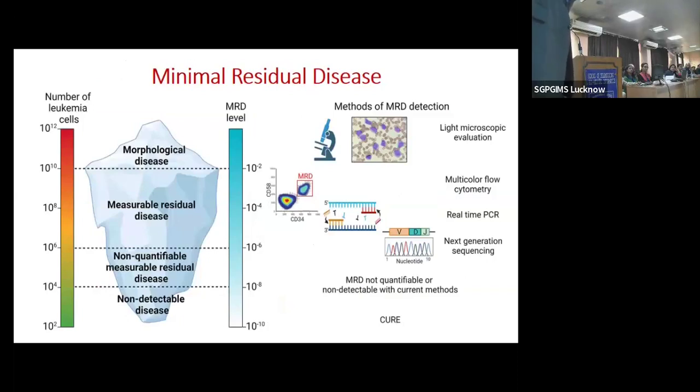There are no clinical features, but the disease is there, and then the non-quantifiable measurable residual disease, and finally non-detectable disease. So there's the total spectrum of how the cancer cell dynamics work, and based on this, we have different methods of detection. The hematopathologist usually sees this on the bone marrow slide, telling that the bone marrow is in remission. But then we have other methods like flow cytometry, molecular real-time PCR, or next generation sequencing that are coming up in the detection of MRD.